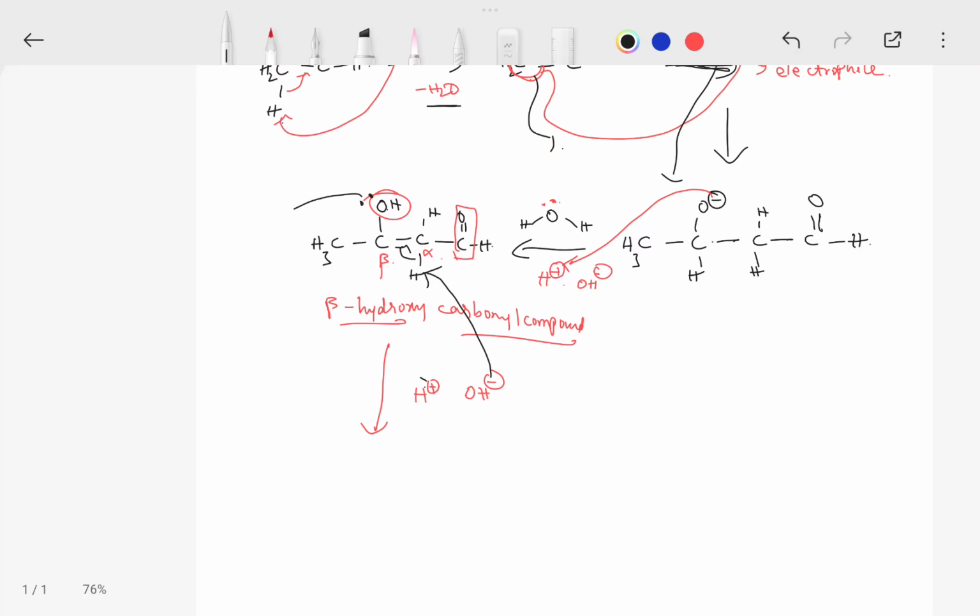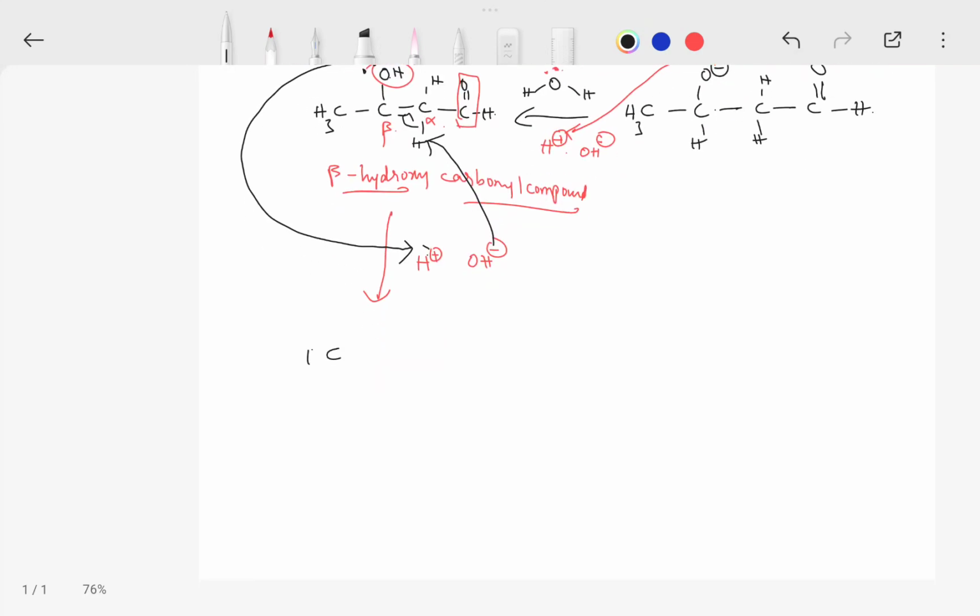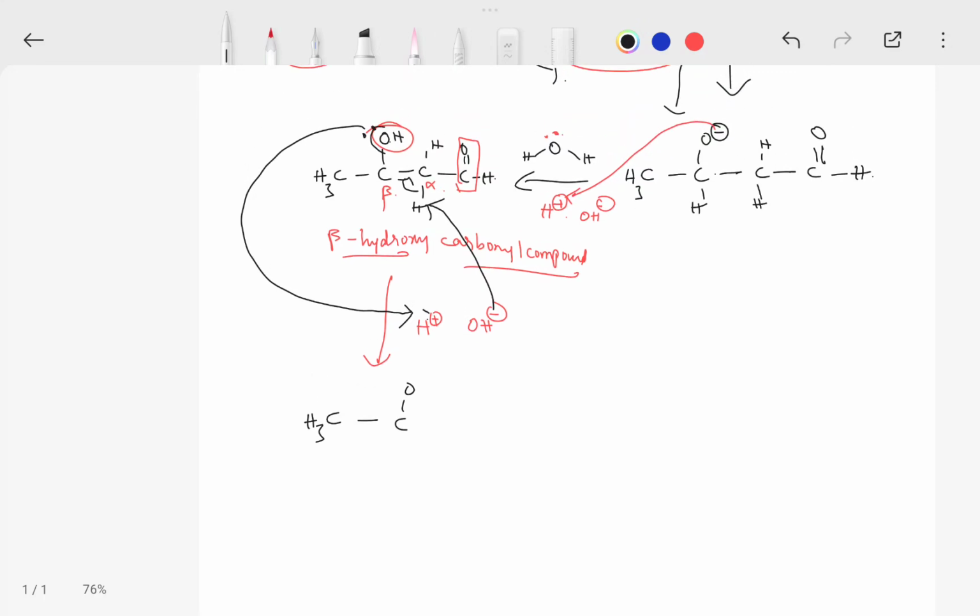This lone pair of electrons can take the H plus. Then it will form H2O. See here, what will form here? CH3 C O. This OH is taking H plus. So again this OH minus is taking this H plus, right? So here we'll get a double bond.